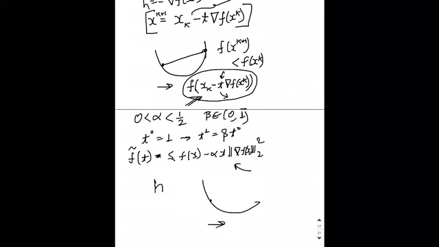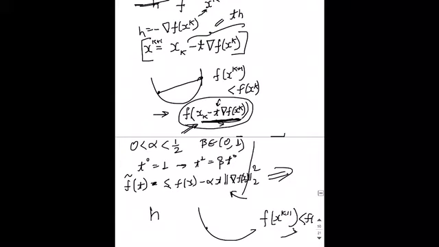If you move in this direction, there is certainly some point at which f of x_{k+1}, that is x_k minus t times the gradient of f at x_k, will be less than f of x_k. We are sure to find such an x_{k+1}. So ultimately this will be satisfied.